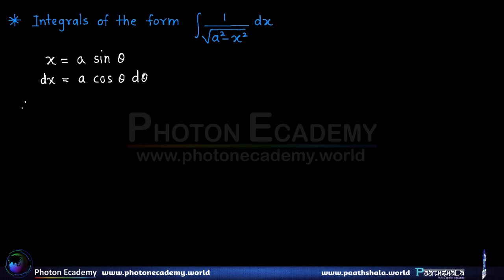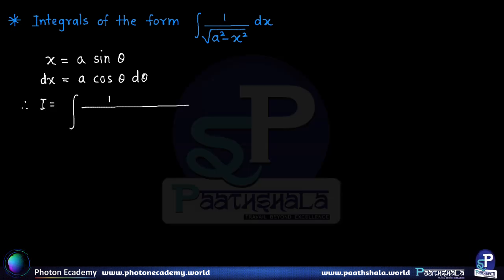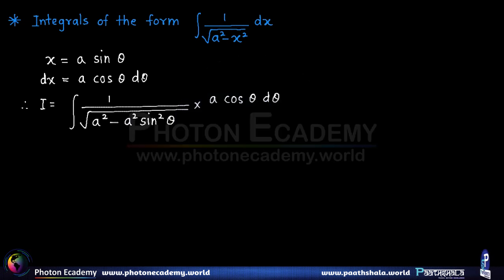So therefore on substitution we get integral as 1 upon root of a square minus x square will be nothing but a square sine square theta multiplied by dx is a cos theta d theta, right?